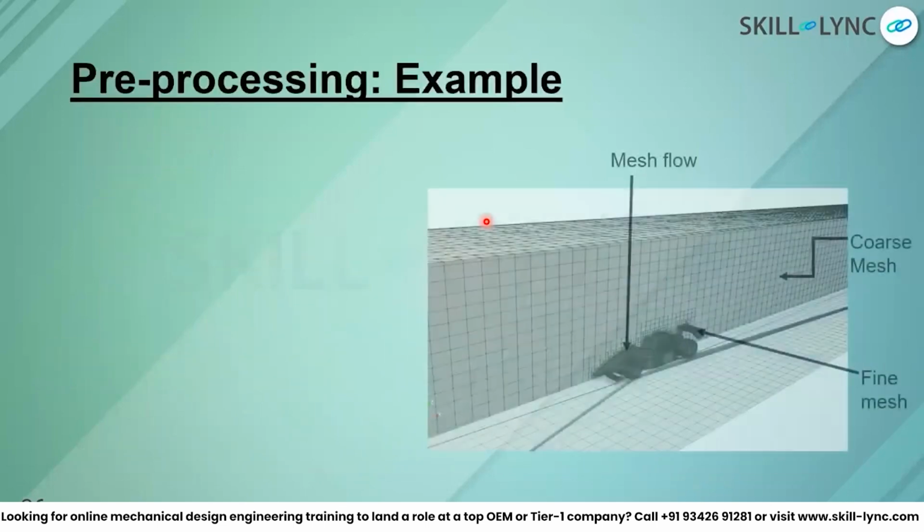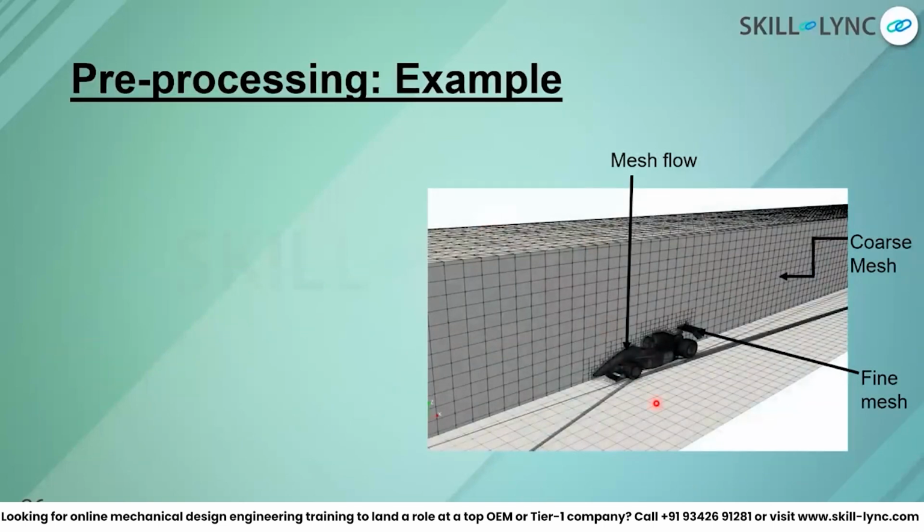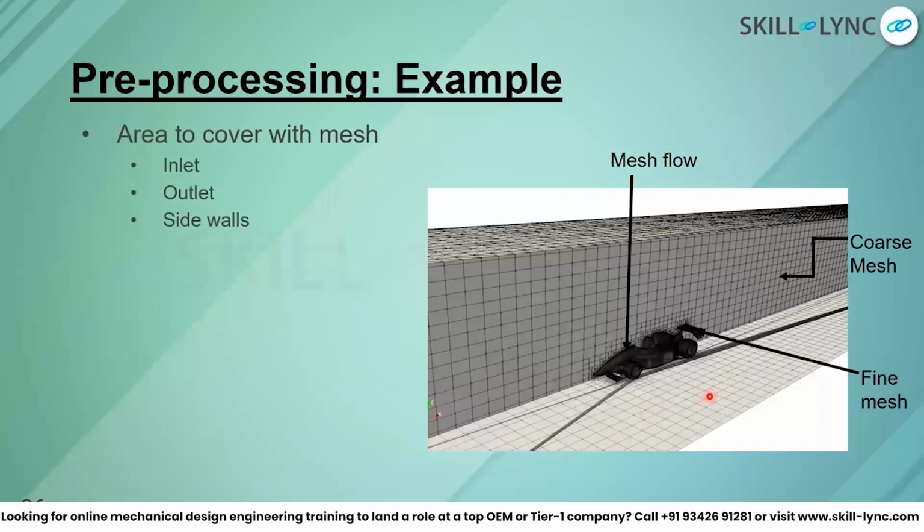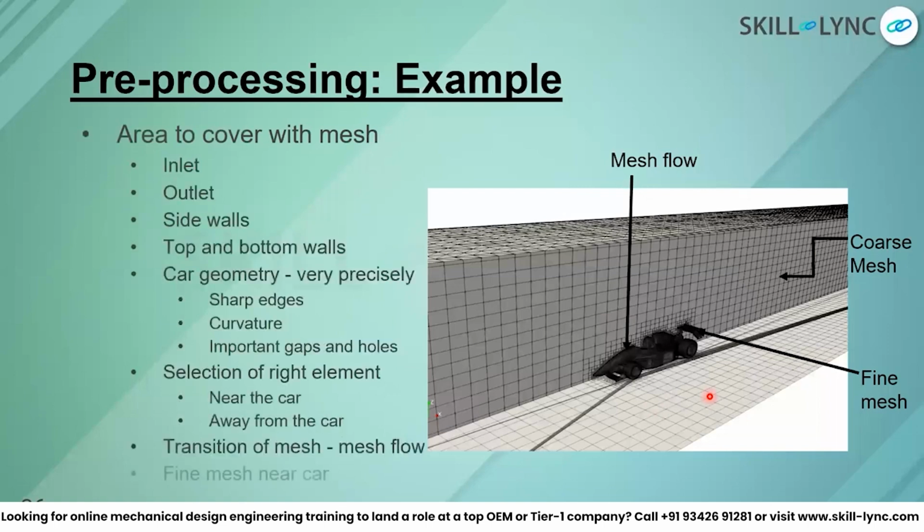Now let's take an example where we have a car and the meshing has been done on this car. The important thing when we are doing the meshing is capturing all the inputs in the domain precisely.